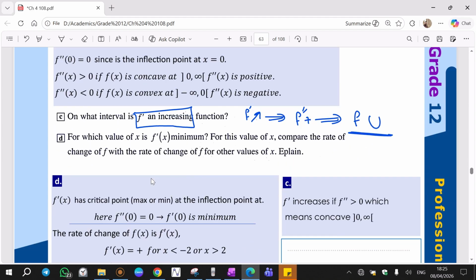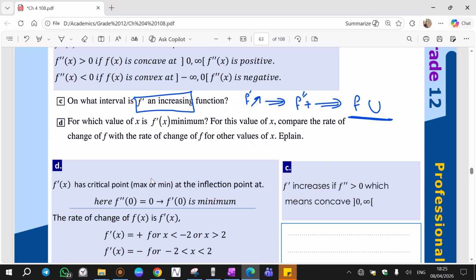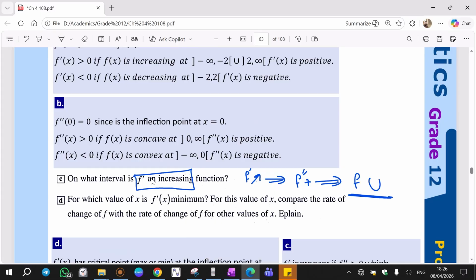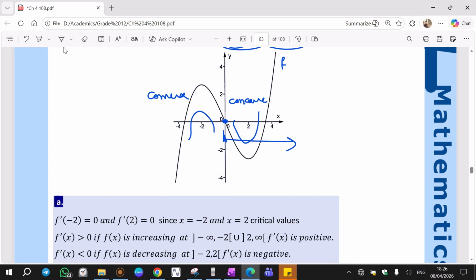And finally part D, for which value of x is f prime minimum? F prime minimum, when f prime is minimum, f double prime is 0. We studied this.